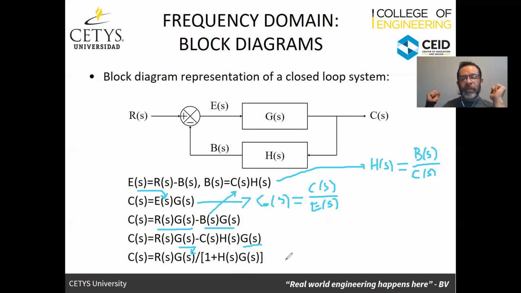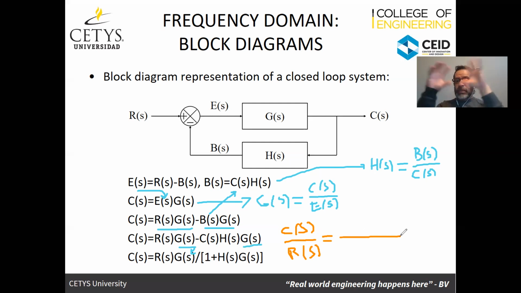And remembering that what we're trying to find is the relationship between C of S, which is the output, divided by R of S, which is the input, then we obtain that the complete transfer function for a feedback system is going to be G of S, which is the forward transfer function, divided by 1 plus G of S multiplied by H of S.